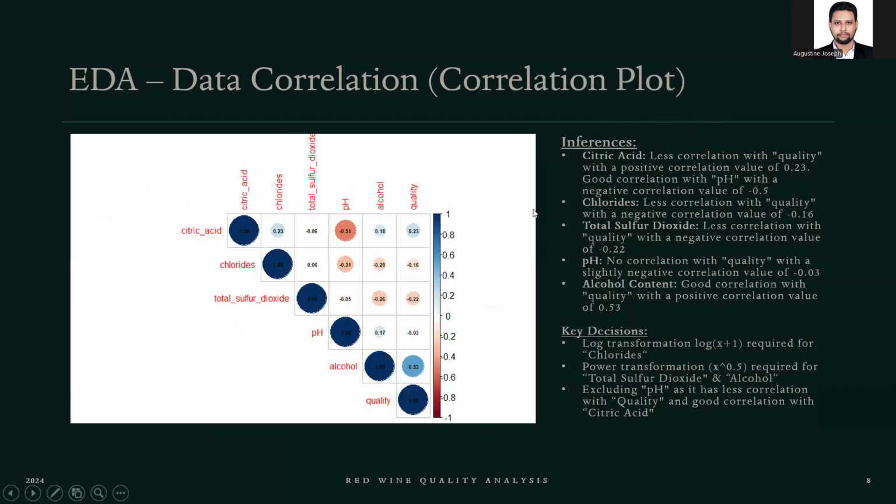Citric acid has less correlation with quality, while it has good correlation with pH. So these two variables have good correlation, and we need to remove one of them. The other variables have very little correlation with quality, except alcohol content, which has good correlation.